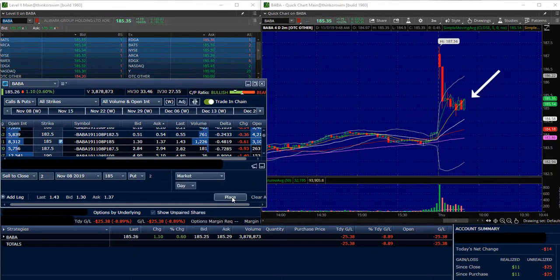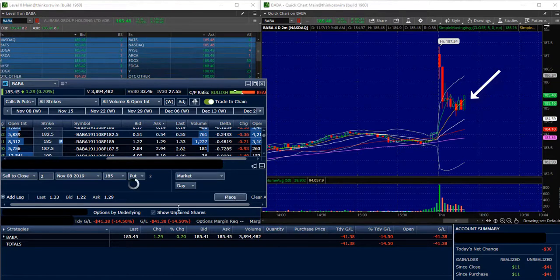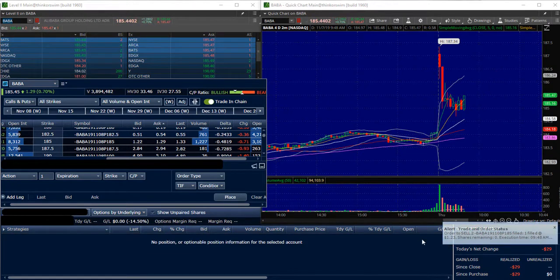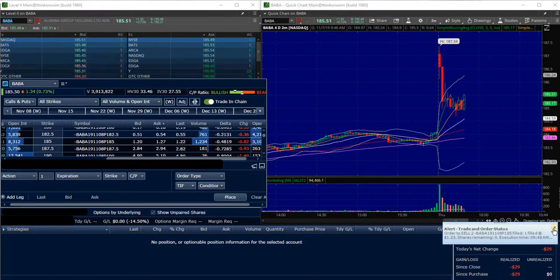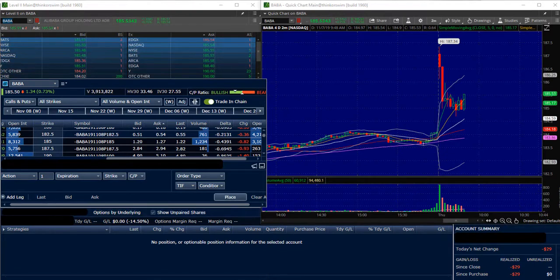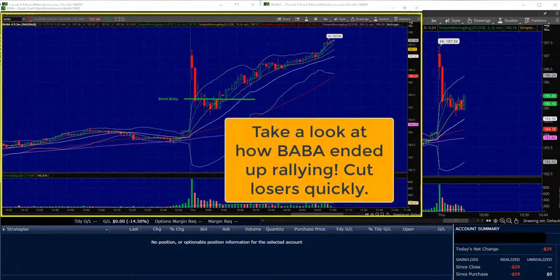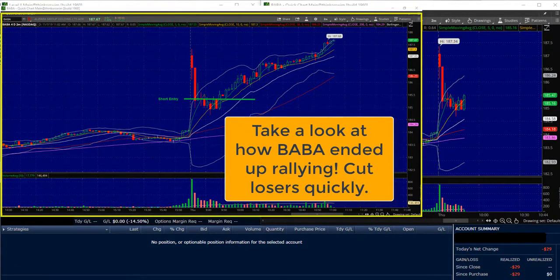So take a look at the buyers stepping in here. I'm going to go ahead and exit out of this position because we are at my stop loss zone. So I am all out for a $29 loss. I made a profit on the first contract but took a loss on the 2 remaining contracts. And so I just wasn't aggressive enough with taking the profits on that quick move to the downside.